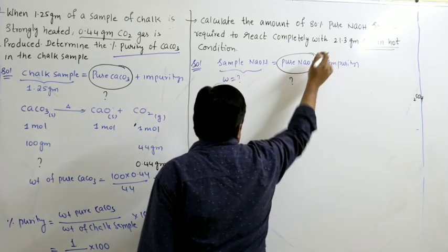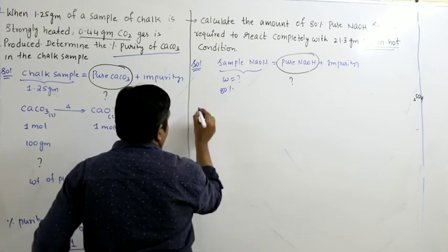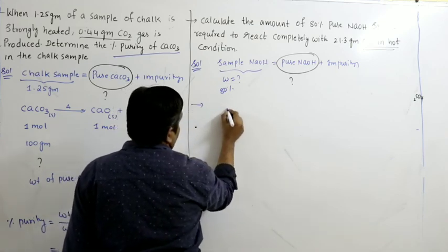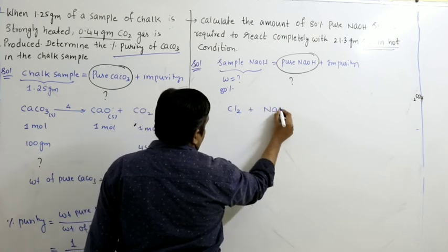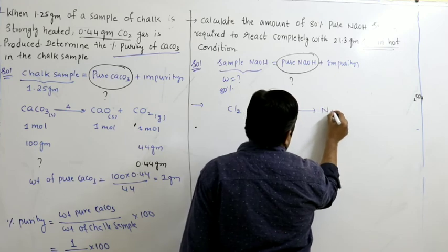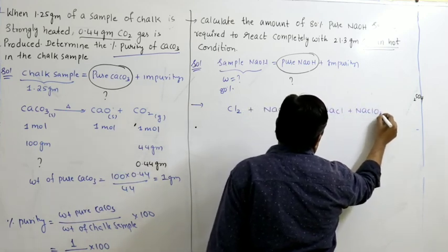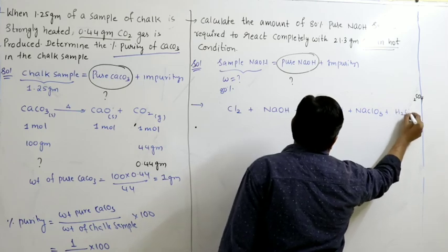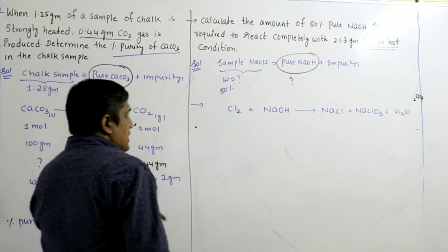So let us write the NaOH Cl2 reaction in hot condition. Cl2 reacts with NaOH in hot condition to give NaCl, NaClO3. How to write all this, we'll study in the respective chapter, that is 7th A group.